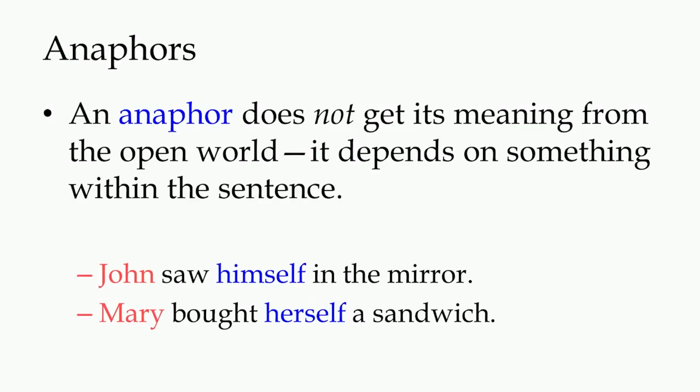We have seen what we mean by anaphors: anaphors need a co-indexed antecedent within the sentence. That is, anaphors do not depend on their interpretation outside the context of the sentence.